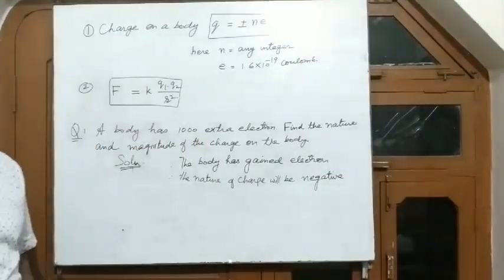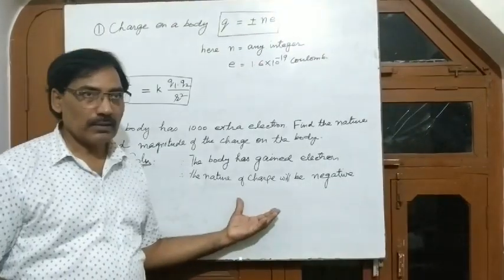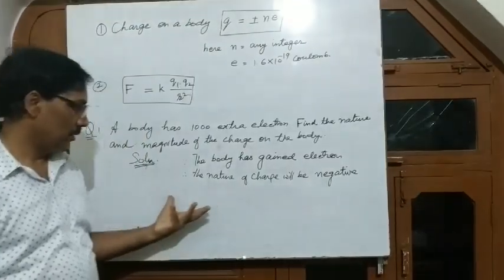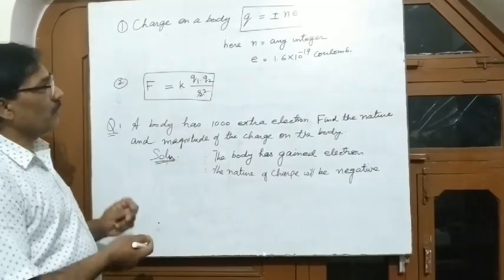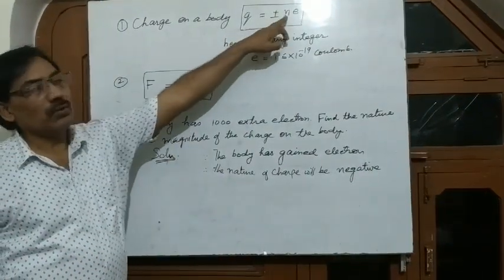We know that if a body gains electrons, then the charge will be negative. Now, how much is the charge? That will be calculated using the formula Q is equal to Ne.